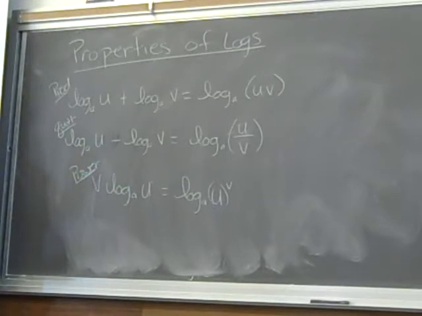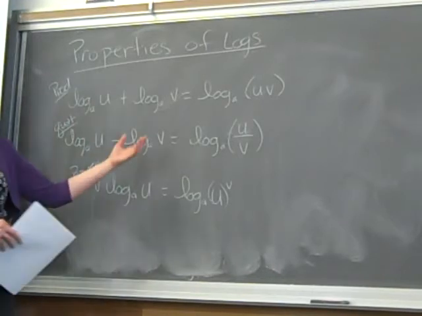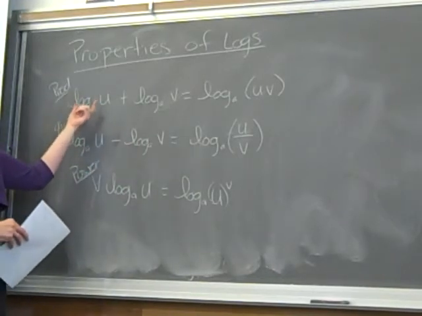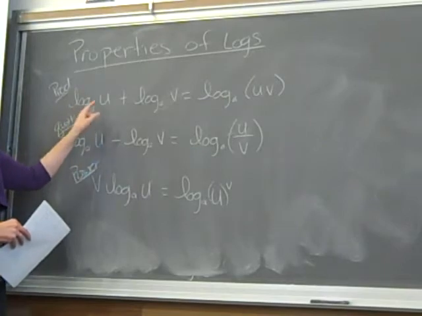What I need you to understand is that a log is a number. So if you have a calculator and you put in log 2, it's going to give you a number. Base 10, yes, if it's base 10, and we'll talk about that. When I'm saying log base A of u, that whole thing is a number. It's not just the u.